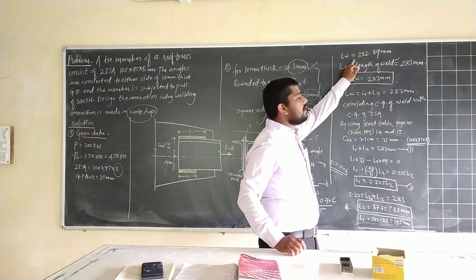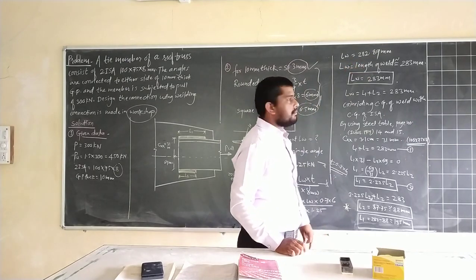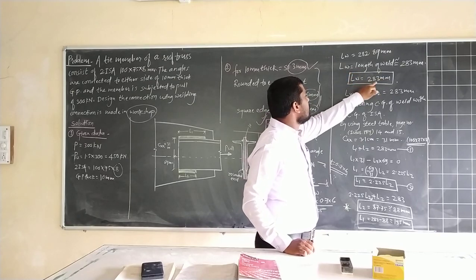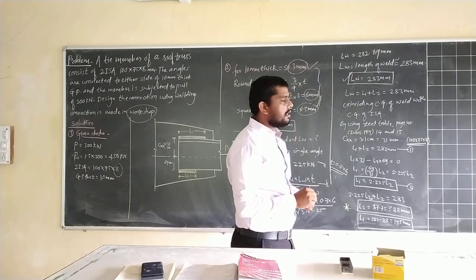Then the length of the weld will be 282.89 mm. So Lw, that is length of weld, is nearly equal to 283 mm. That we are going to consider.